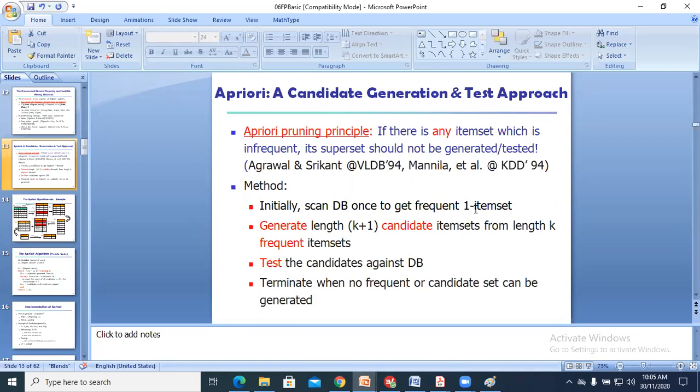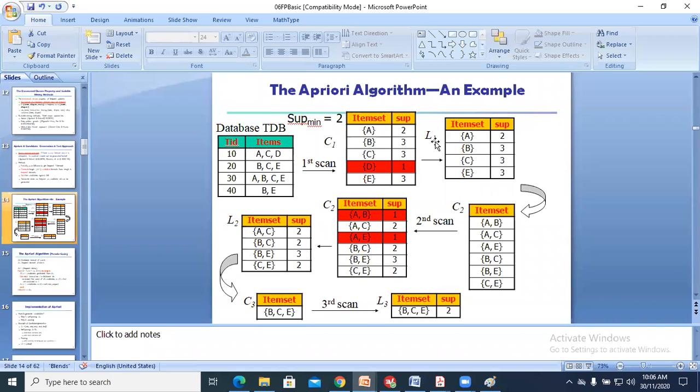From this L1 frequent item sets, you will generate C2.